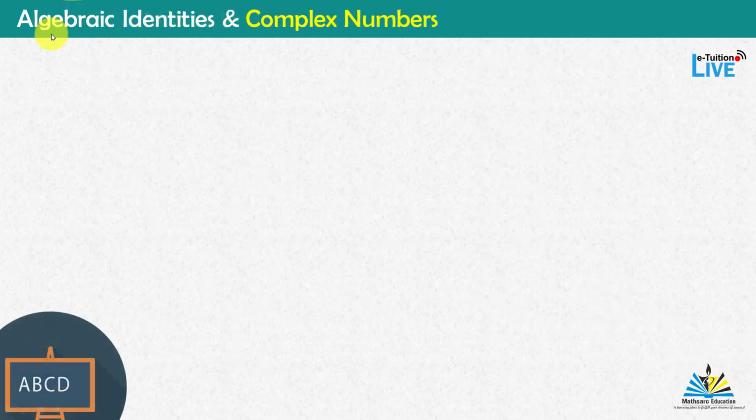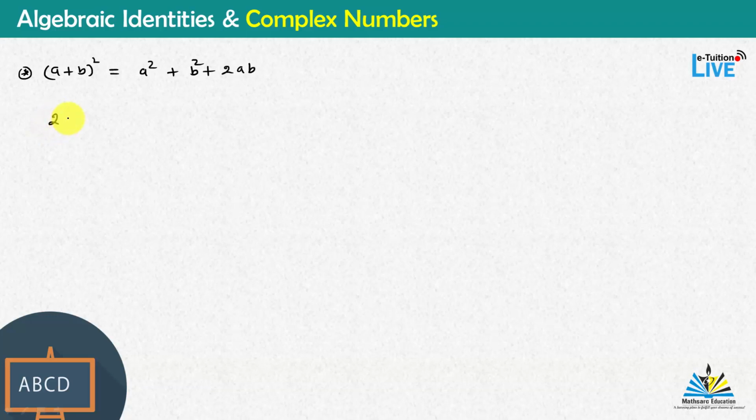Let's understand the algebraic identity and complex numbers. Here we will learn how to apply algebraic identities in complex numbers. Like we have the algebraic identity a plus b whole square, which can be written as a square plus b square plus 2ab. In the same way, we can have the same identity in complex numbers.